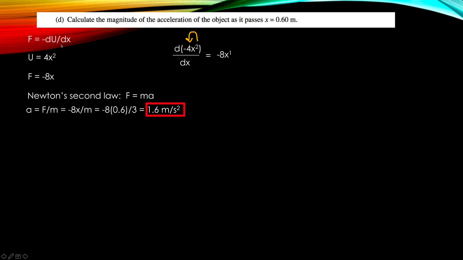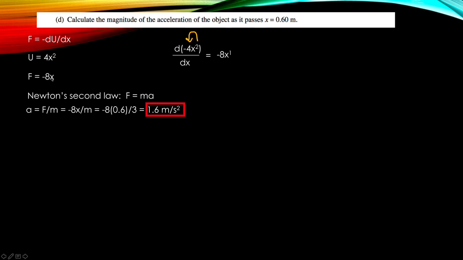So if you take the derivative of the potential, 4x squared, the 2 goes down over here, and you'll get negative 8x to the first power because you subtract the exponent by 1. And so the force is equal to negative 8x. Newton's second law says that F is equal to ma.